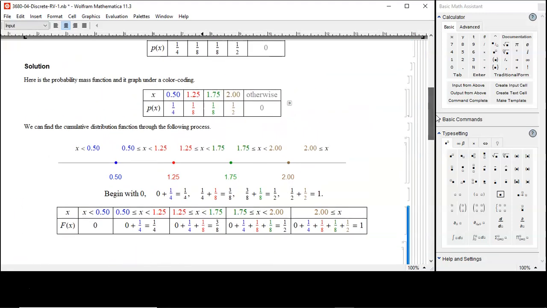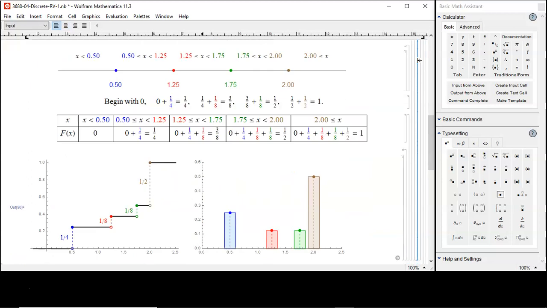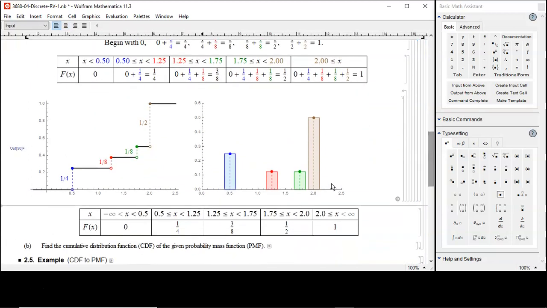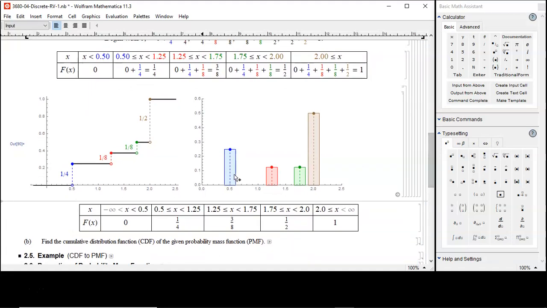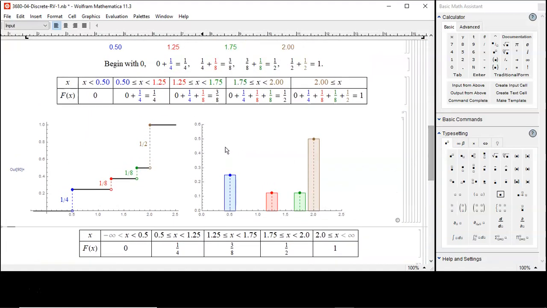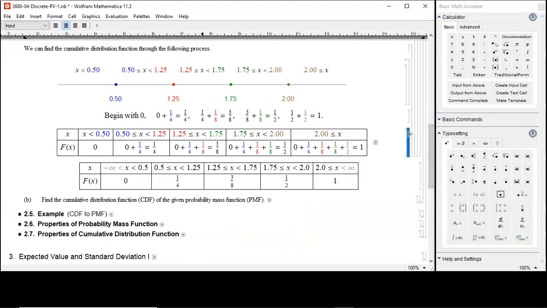The second picture is not there. I wonder why. Okay, all right. The probability mass function and histogram put together in the same graph. So each jump corresponds to the height. And then, of course, if you simplify all these, you're going to get 1/4, 3/8, 1/2, 1, as we did before.